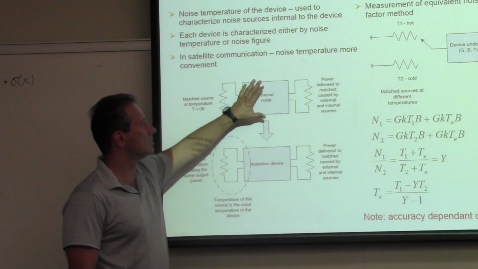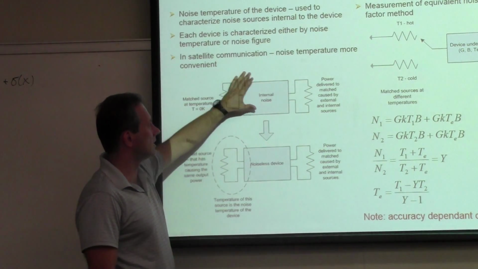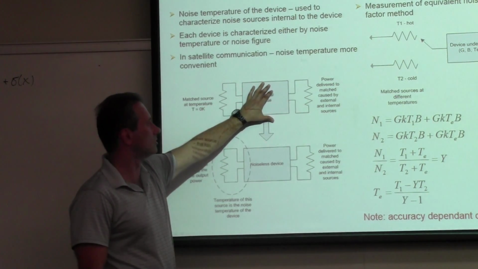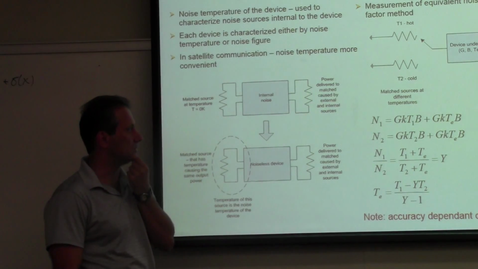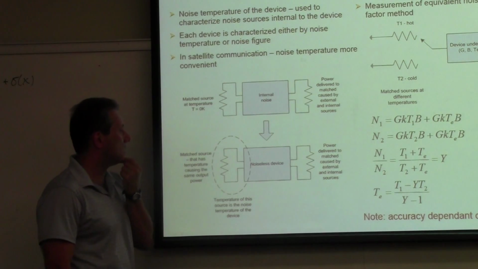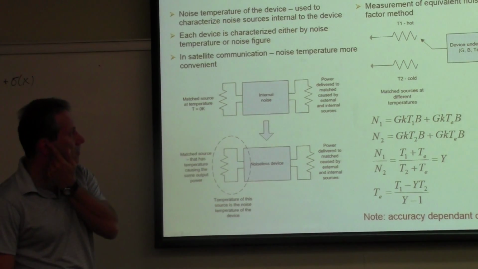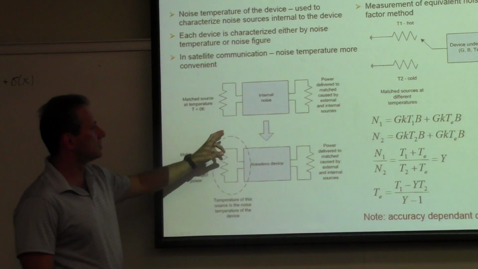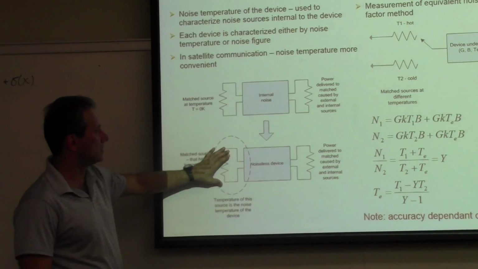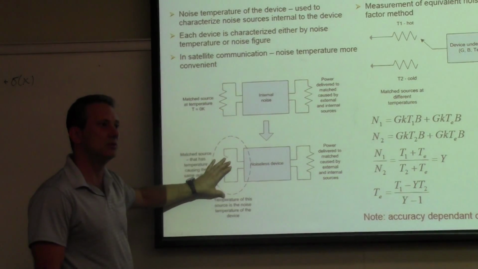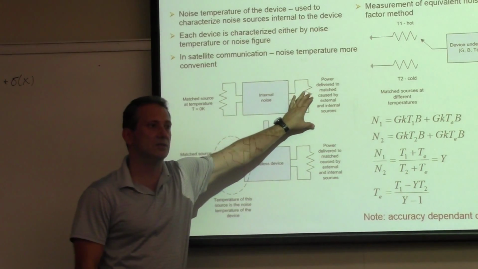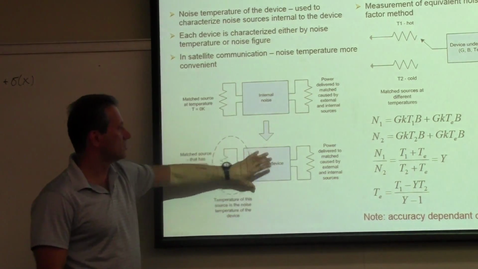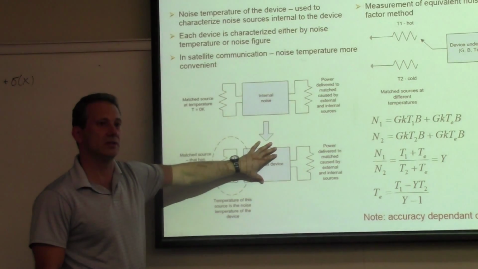Now, this device is not. And as a result of this device not being at 0 temperature, there will be some noise generated at the output of this device. Now, the noise temperature of the device is the temperature of the resistor that you would need to put at the input of this device to generate the same power, under the assumption that this device is noiseless.